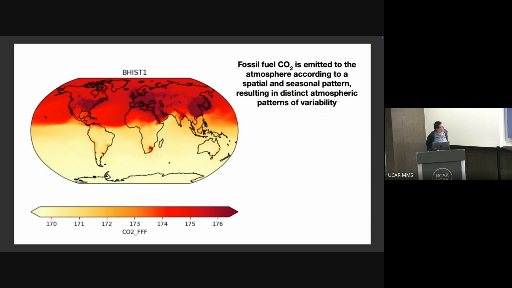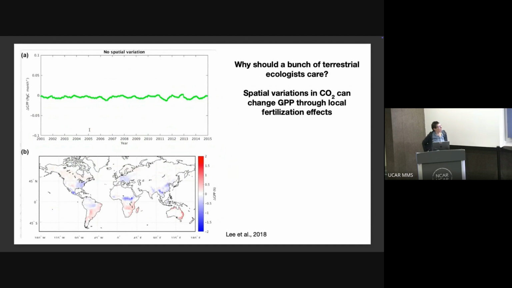So the fact that there are these spatial gradients in fossil emitted CO2 also enables different types of science. So here, why should a bunch of terrestrial ecologists care about these somewhat small gradients in atmospheric CO2?